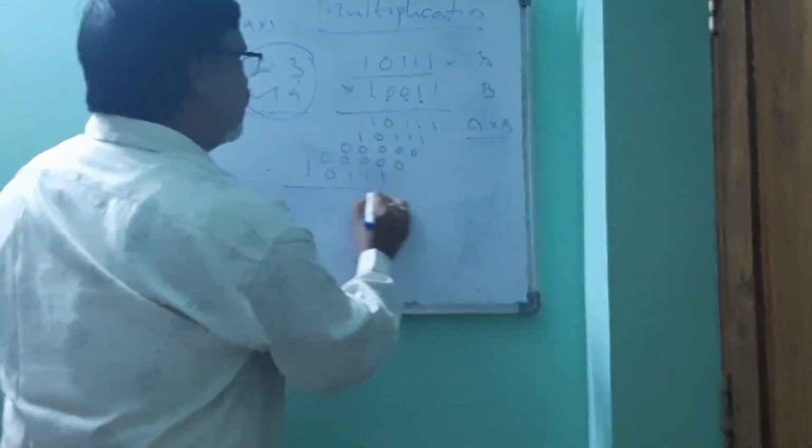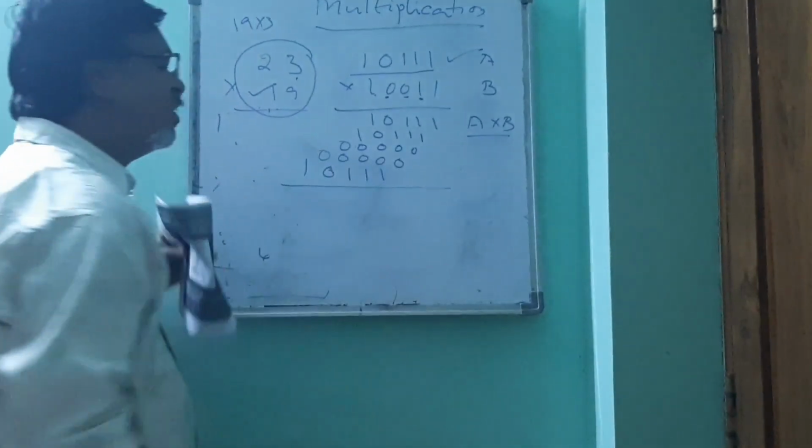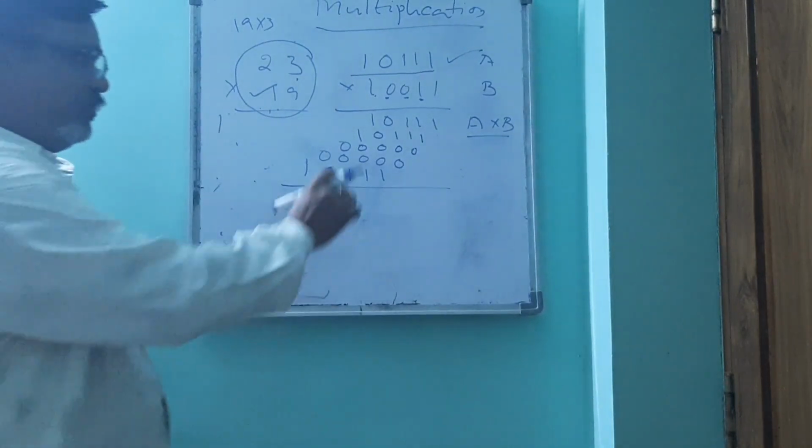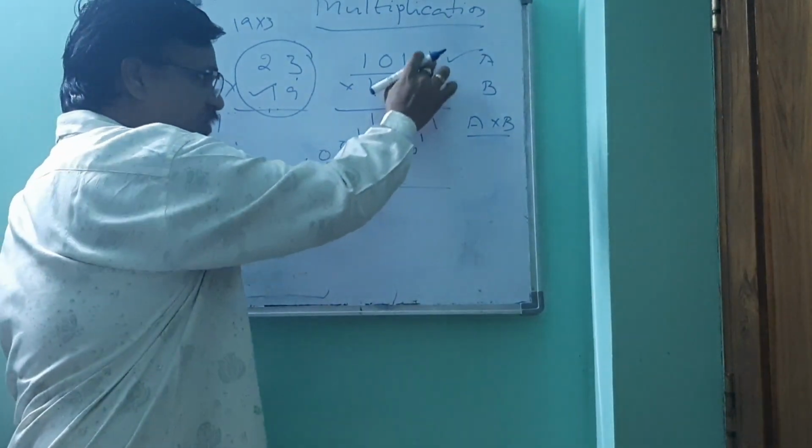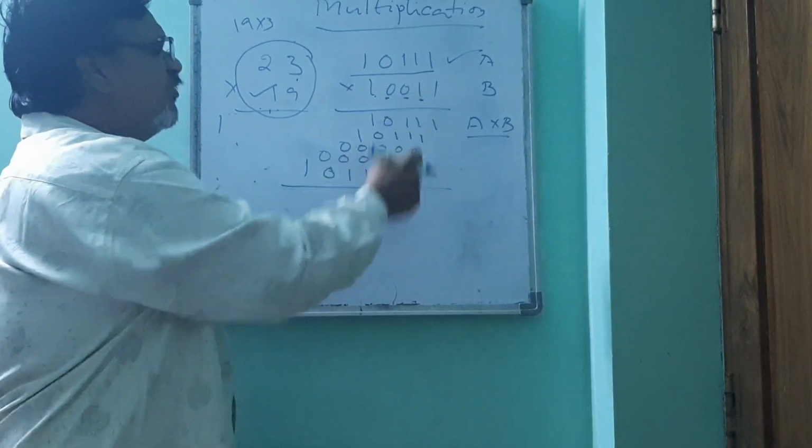After doing the multiplication with all these digits separately, we have to add.